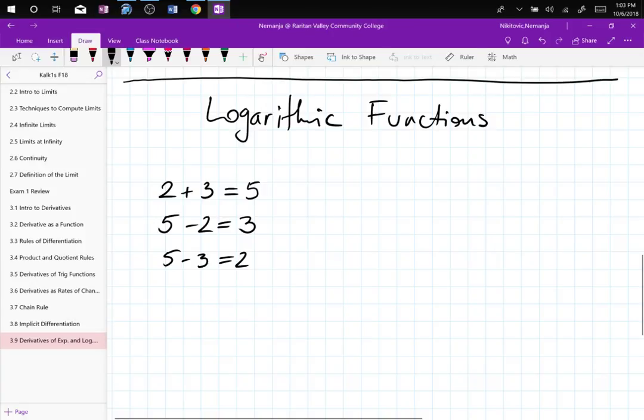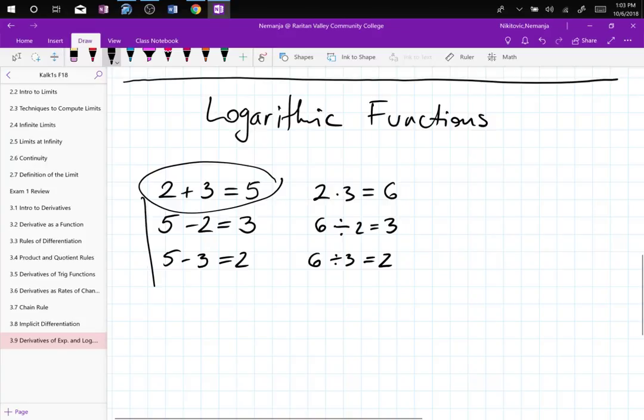So this would be like the first grade, second grade, and so on. 2 times 3 is? And 6 divided by 2 is? And 6 divided by 3 is? Yay. So now I have addition, a way to undo it. And then I have repeated addition, which is called multiplication, and the way to undo it.